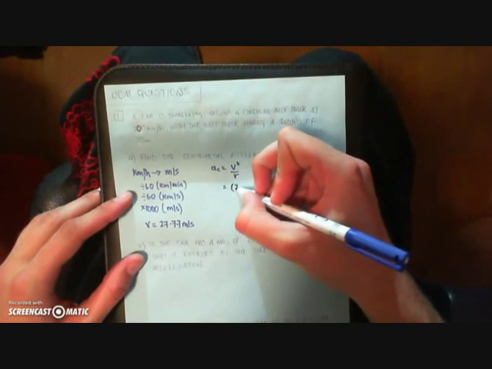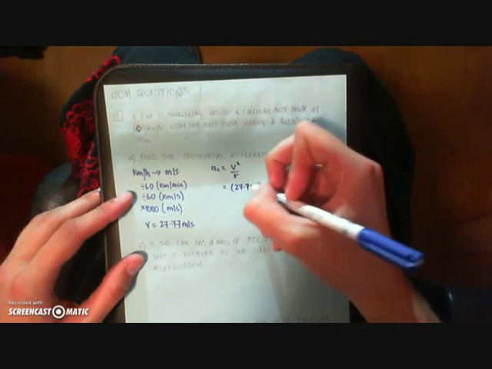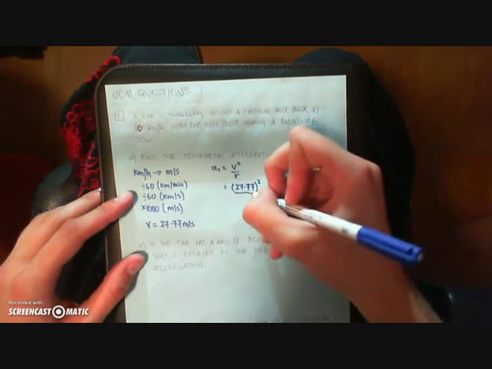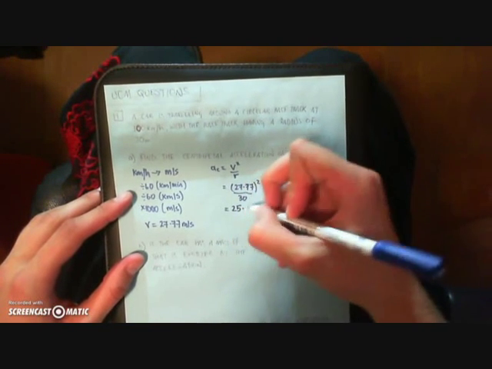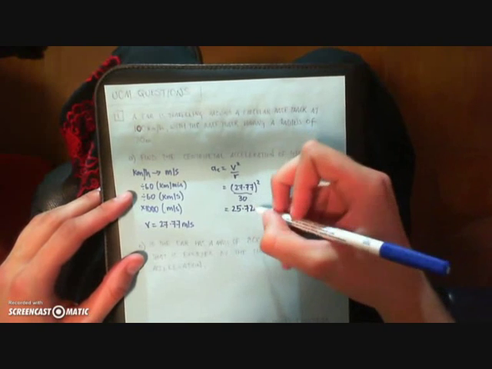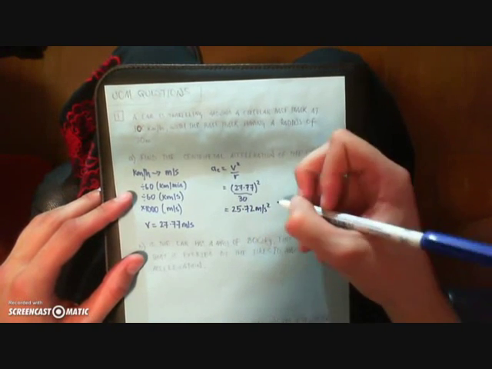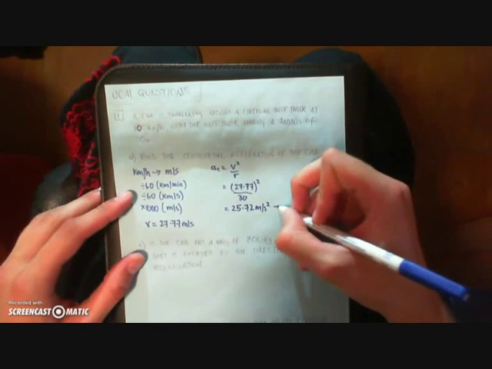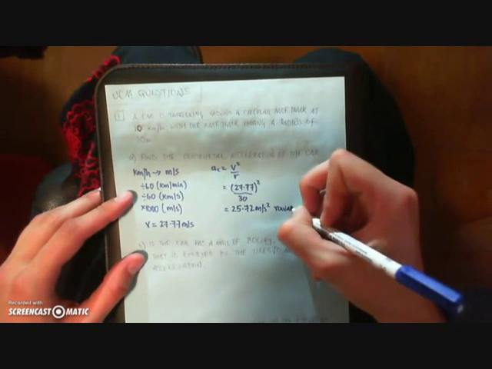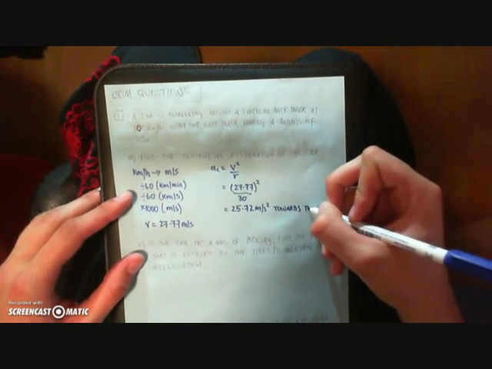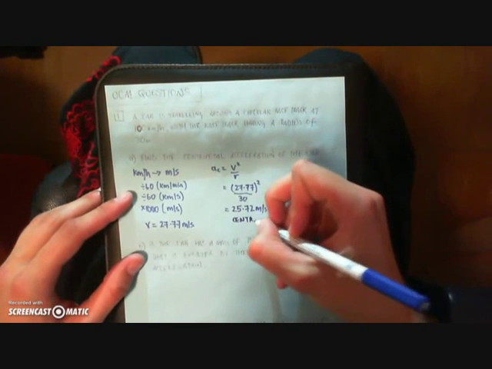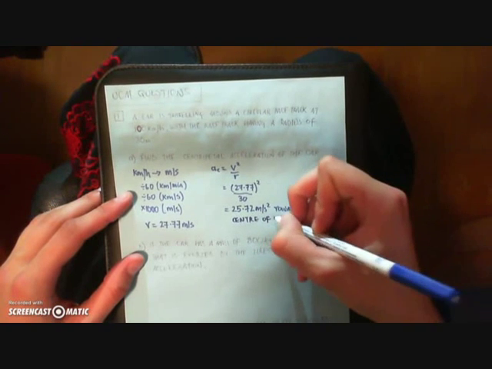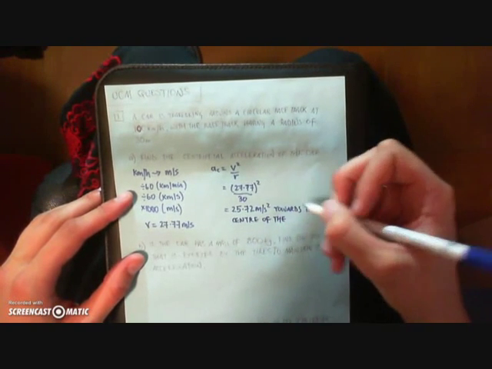So v is 27.77, r is 30, and using a calculator again, we get the value of 25.72 meters per second squared towards the center of the track.